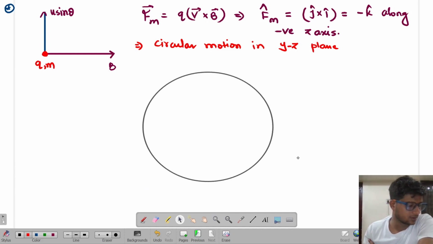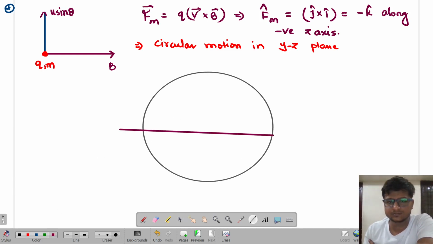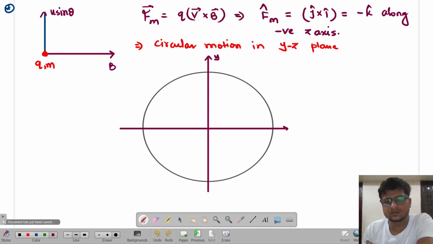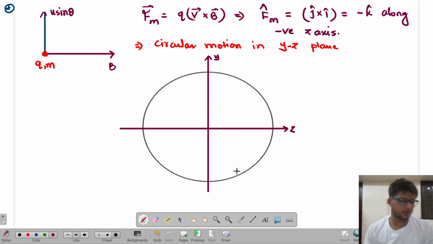Okay. Now, basically, let's divide this. Basically, this is my YZ plane. Which plane is it? Are you able to get me or not?